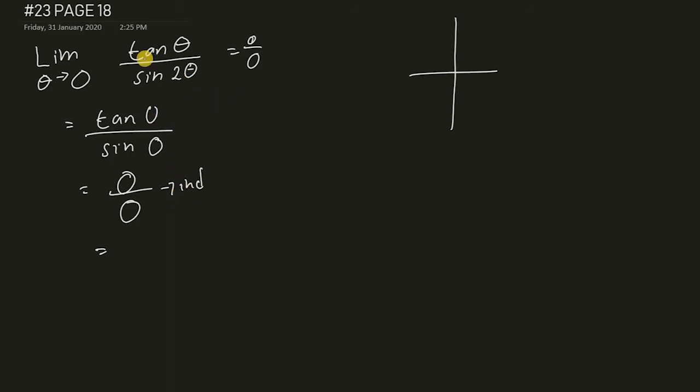Alright? So, what we need to do out here, guys, kung makikita nyo, this is sine 2 theta and we have here tangent. Now, ang gagawin ko, guys, I know that tangent is equal to sine over cosine. So, I can make this as sin theta over cosine theta.